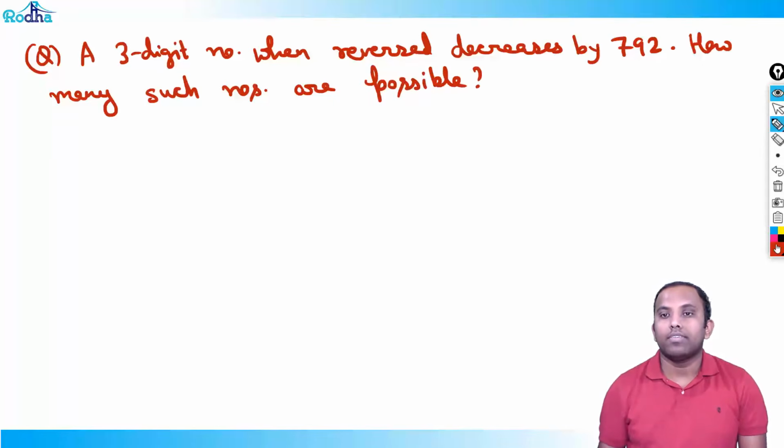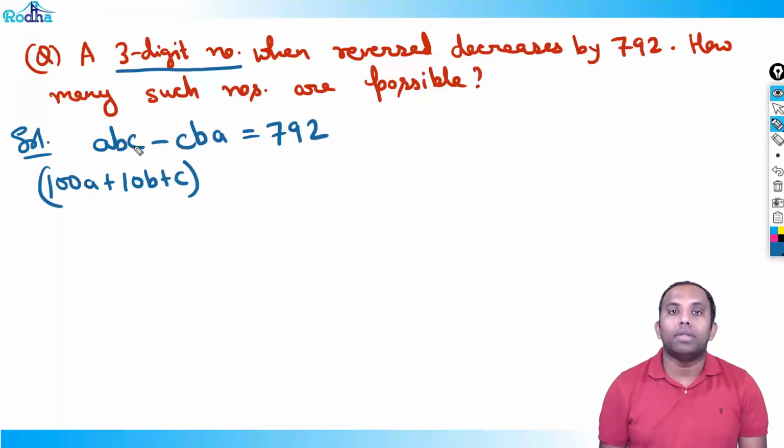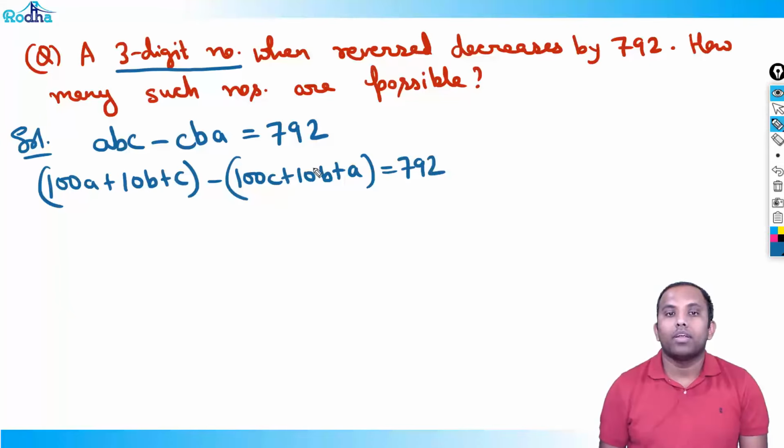Again the same thing here. Let the 3-digit number be ABC. Its reverse is CBA. The difference is 792. Now ABC becomes 100A plus 10B plus C, because mathematically I can't write a 3-digit number as ABC, it means A into B into C. Minus (100C plus 10B plus A) is equal to 792. 10B gets cancelled. 99 into (A minus C) is 792.